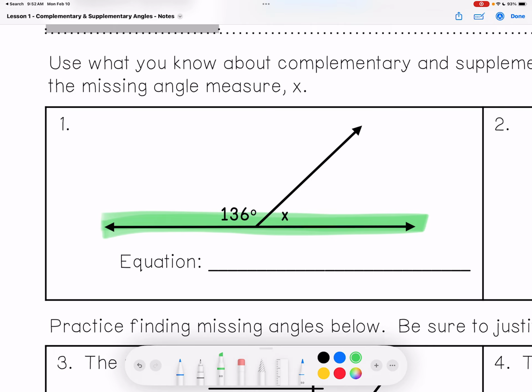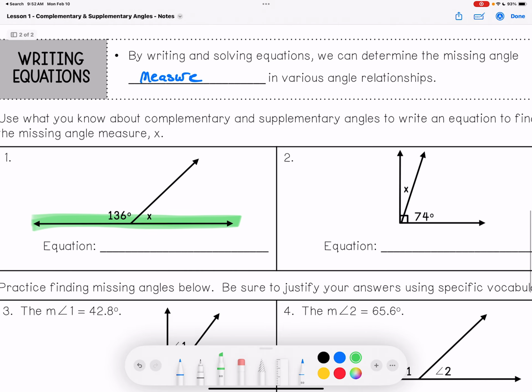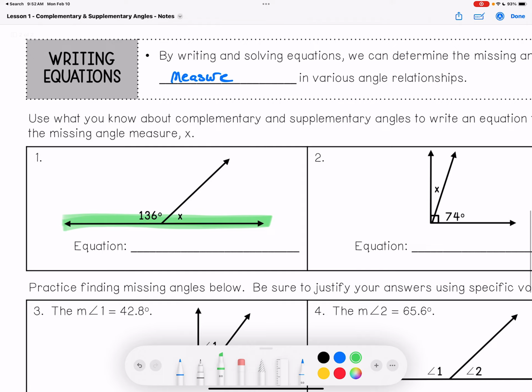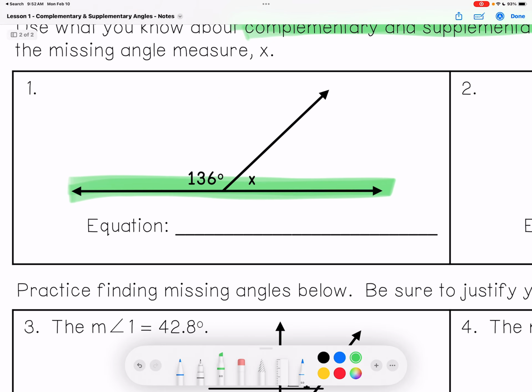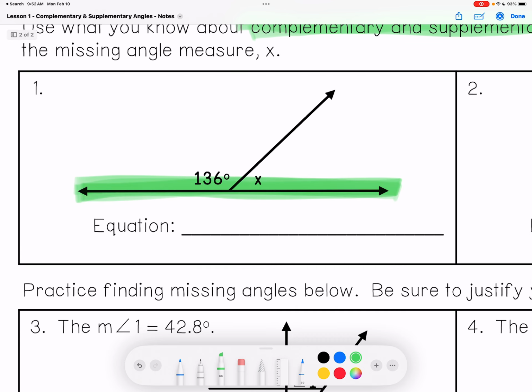Also, if you look at the directions, it tells us they are complementary and supplementary. So I know it's probably going to be 180. I know a straight line is half of a circle, so it's 180 degrees.